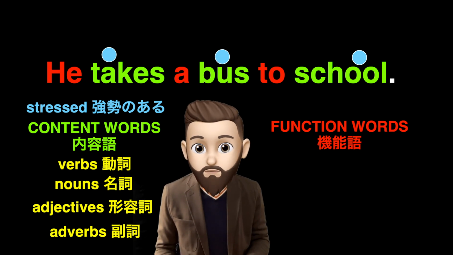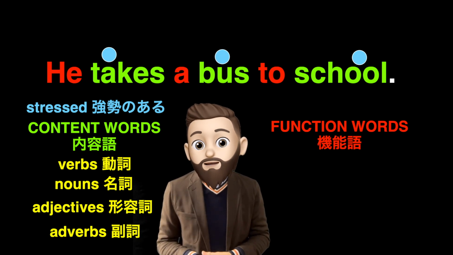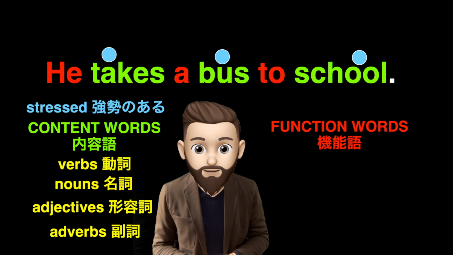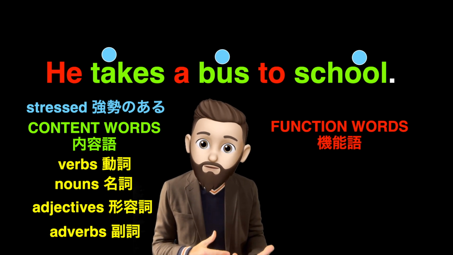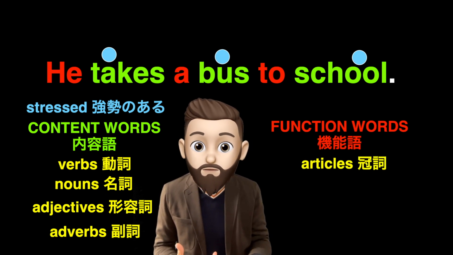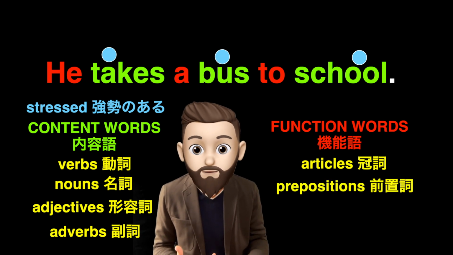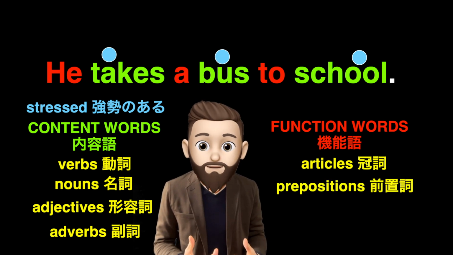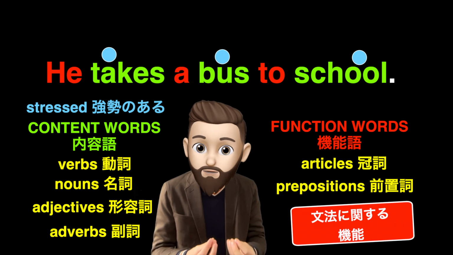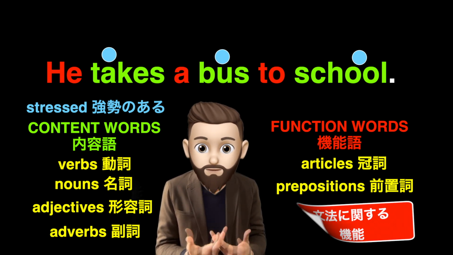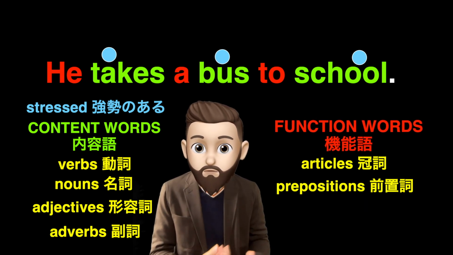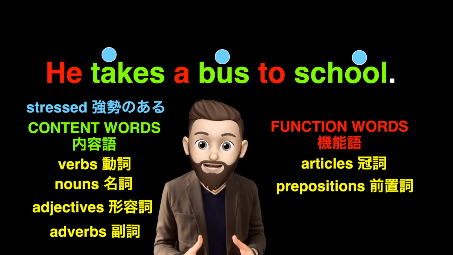The other type of word, the second type of word, is called function word, and these, on the other hand, include things like articles, prepositions, and these words have a more grammatical function. They are grammar words, and that's why we call them function words. Now, these words are typically unstressed.